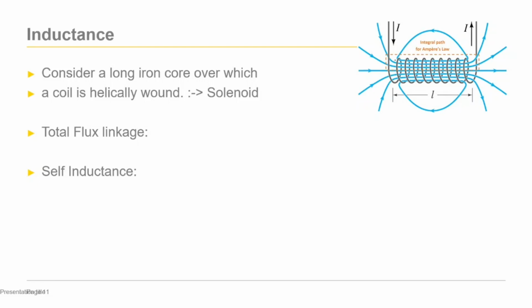Now, if a current I flows through the coil, closed flux lines are formed. We already know that. So the total flux linkage, which we are going to express using the Greek letter lambda, is going to be N, the number of turns, times the flux.